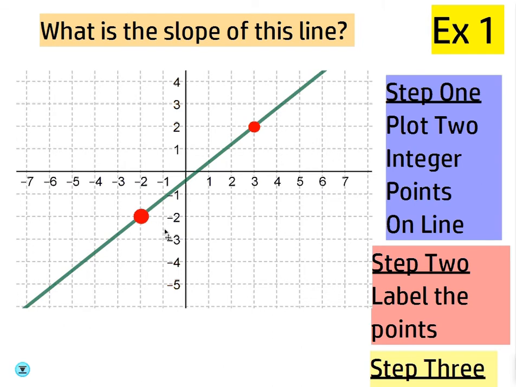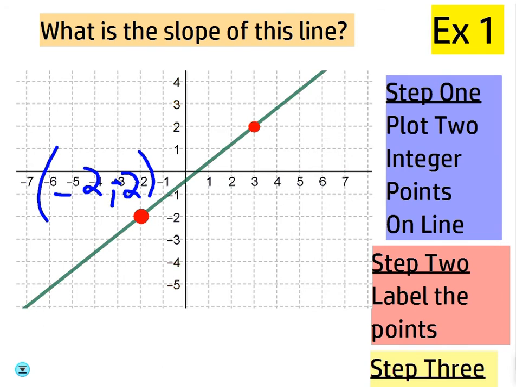Now the next thing is a little different from yesterday. We're going to label the points. Okay? This first point is what? Actually, we're going to do the one on the left first. That was my mistake. Yeah, -2, -2. Now, before I go on, guys, we need to actually label the point.